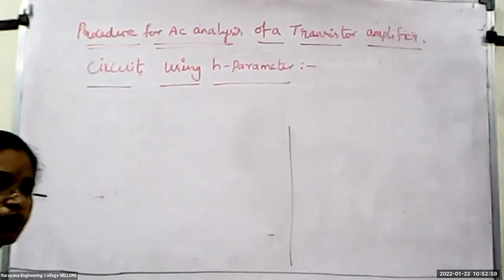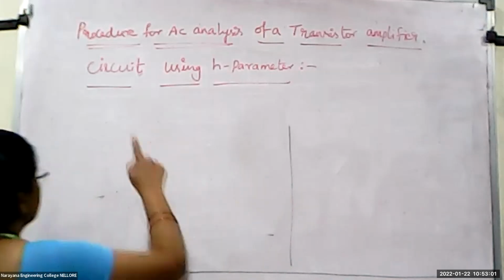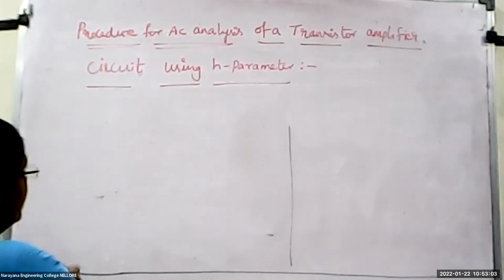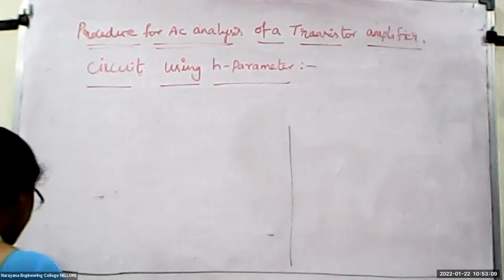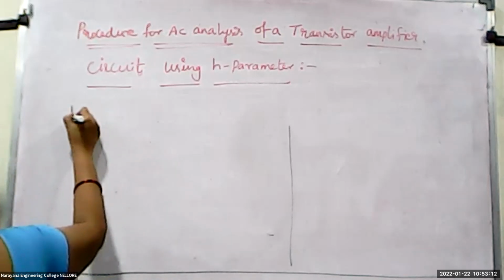Note down the steps. This is the procedure for analysis of a transistor amplifier circuit using H parameters. So under this, note down the procedure.